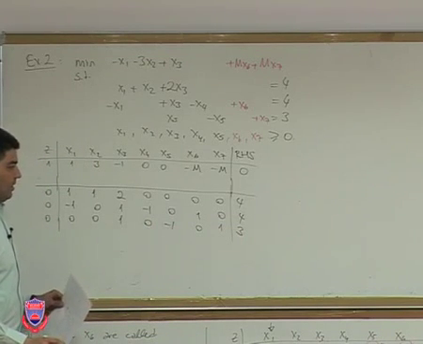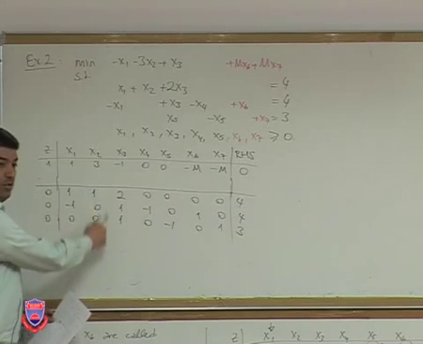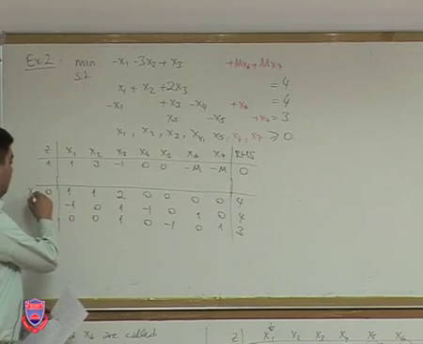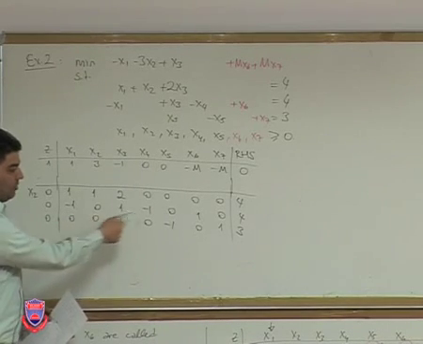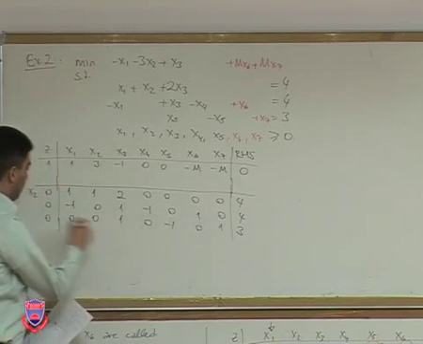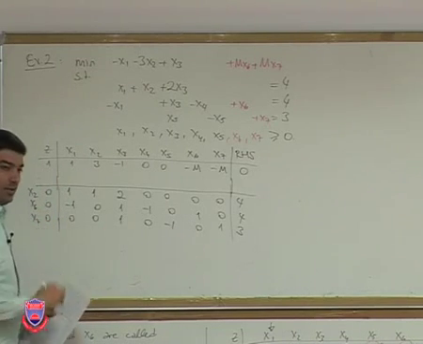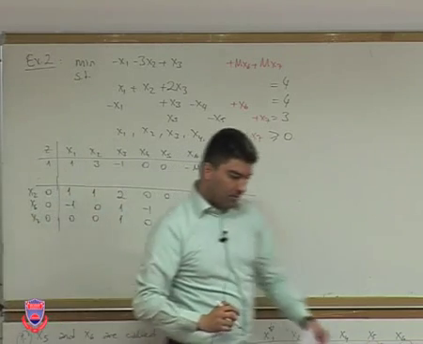So let's figure out the basic variables. What's the basic variable for row 1? I'm going to use x2, right? What's the basic variable for row 2? I'm going to use x6, which is an artificial variable, and then x7, right? Once again, this is where you should be careful.